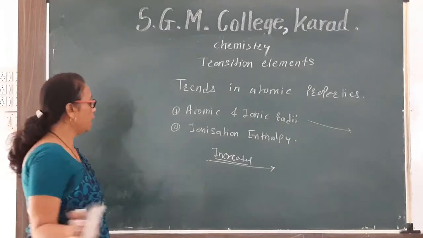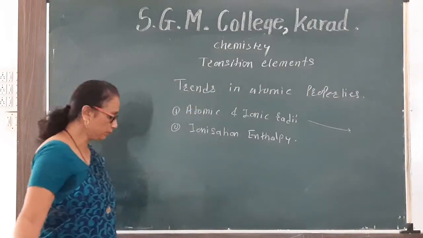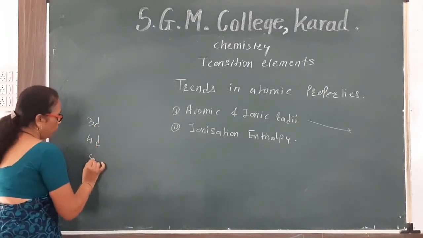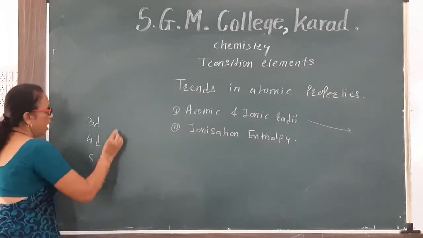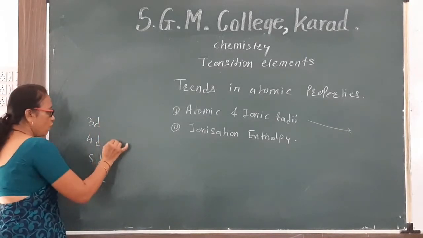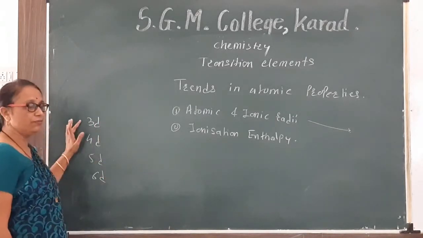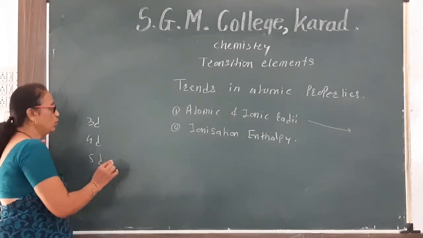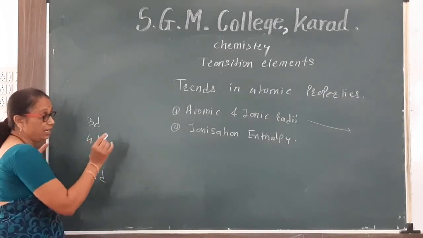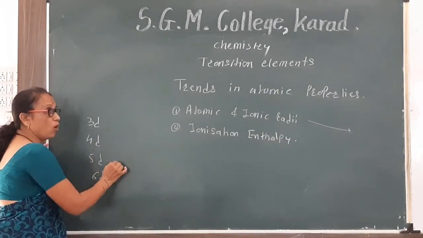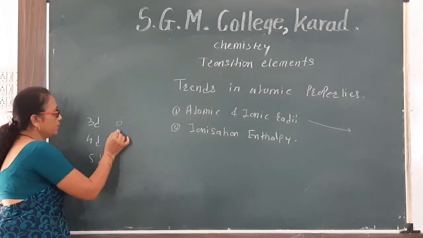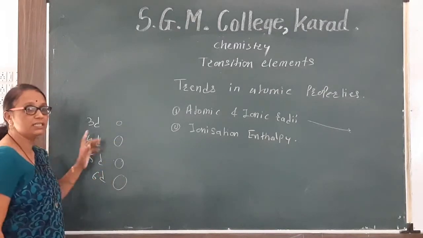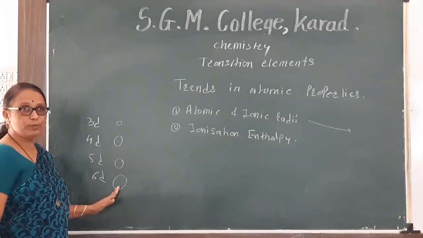In the case of ionization enthalpy of the 3d, 4d, 5d, 6d series, these are the elements from top to bottom. 3d series first, then 4d, and according to the periodic table, we know as it is expected that as we go from top to bottom, atomic radius increases, and as atomic radius increases, ionization enthalpy should decrease.